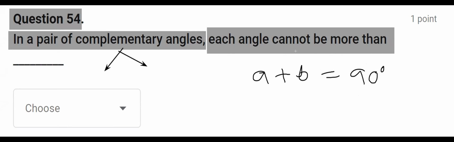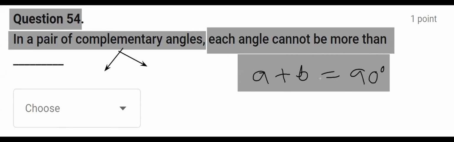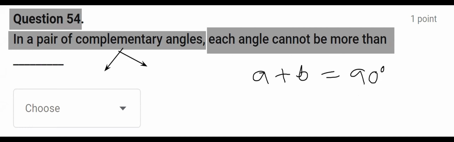Then one angle cannot itself be more than 90 degrees, because if it is more than 90 degrees, the other has to be negative, which is not possible. So the final answer is each angle cannot be more than 90 degrees.